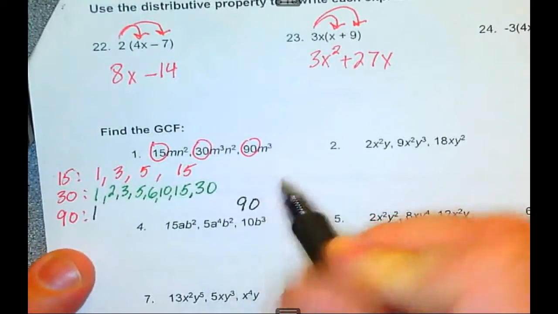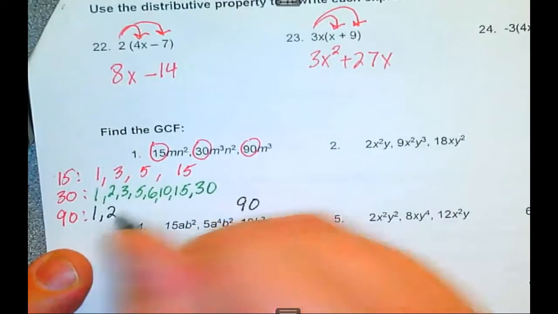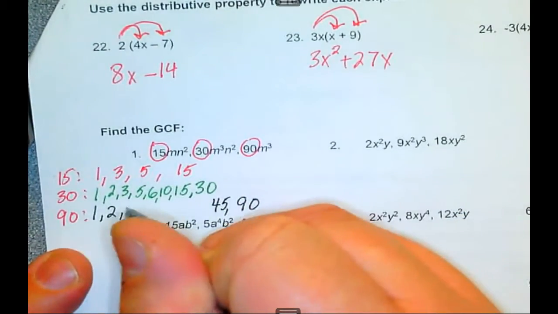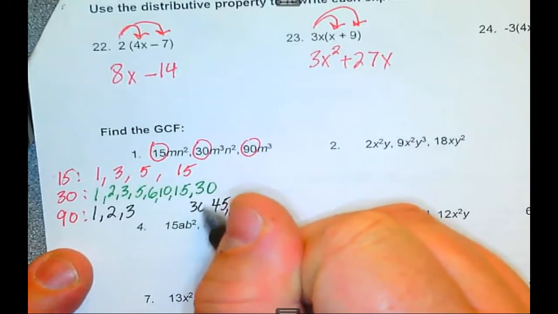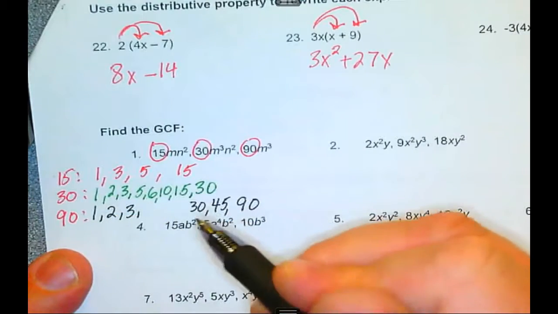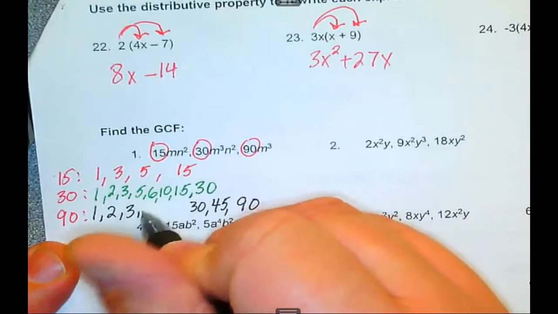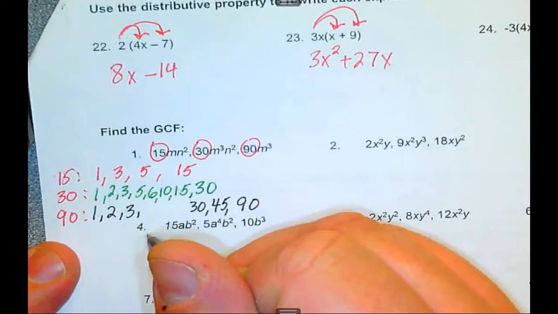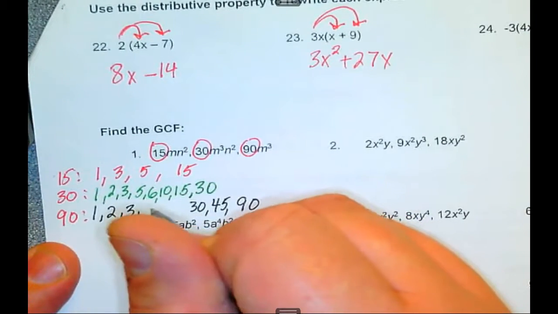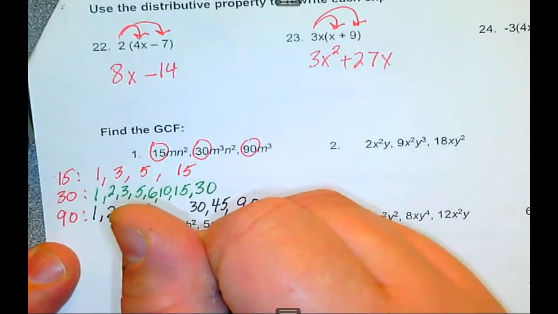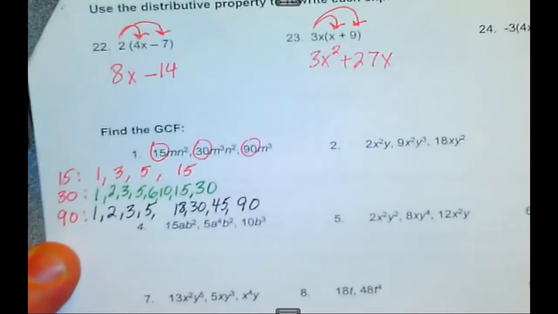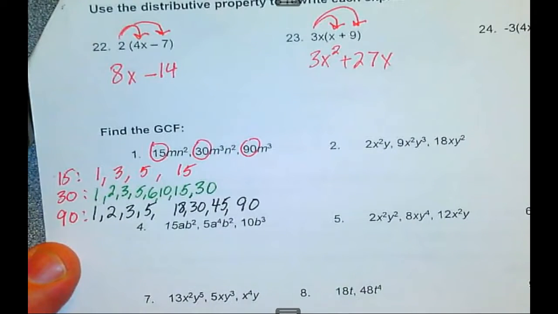Now don't talk all at once, I can't hear you all. So 2 and 45, 3 and 30, see 4 go into that? Nope, 4 doesn't go in that. 5 and 18, right? 6 and 15.